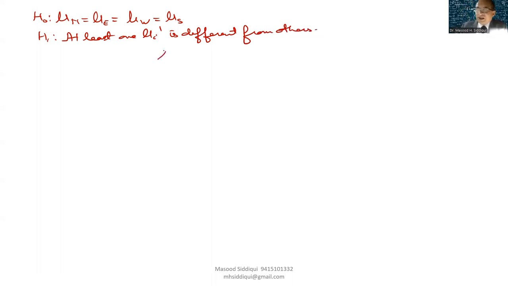Now, how do we decide? We look at the significance F. If this is greater than 0.05, we do not reject H0, so we simply say there is no significant difference. But if this value is less than 0.05, the level of significance, we reject H0.